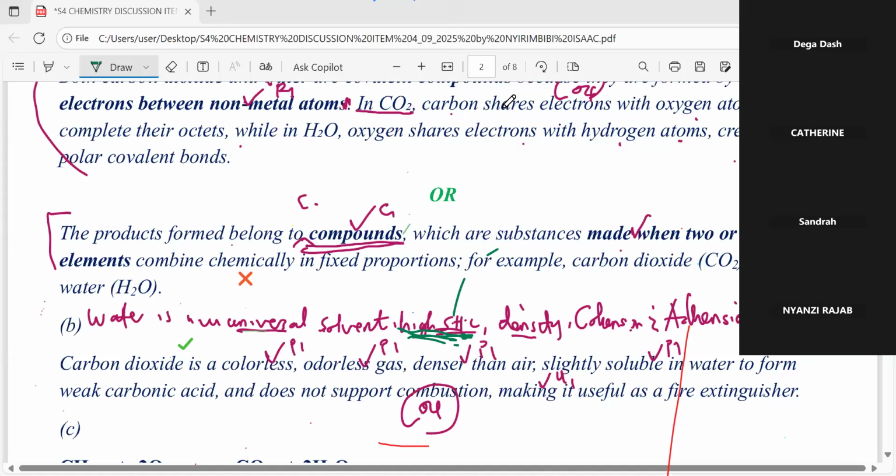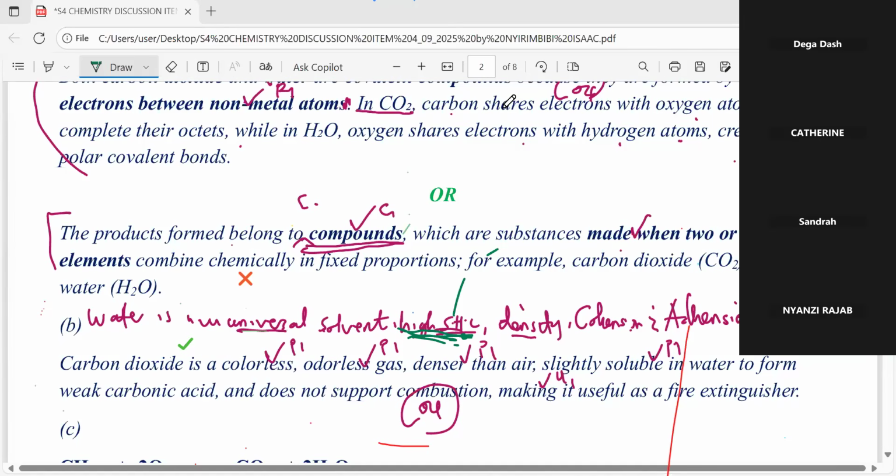I don't know whether you looked at that. You can look at water very well. The reason why it has that exception is because of the hydrogen bonding that takes place in water. So the hydrogen bonding is the one which causes it to have that exception compared to others.